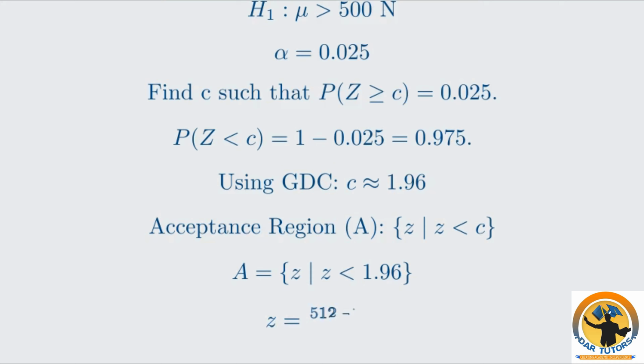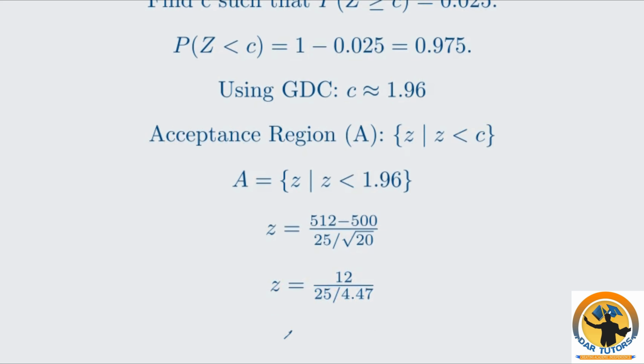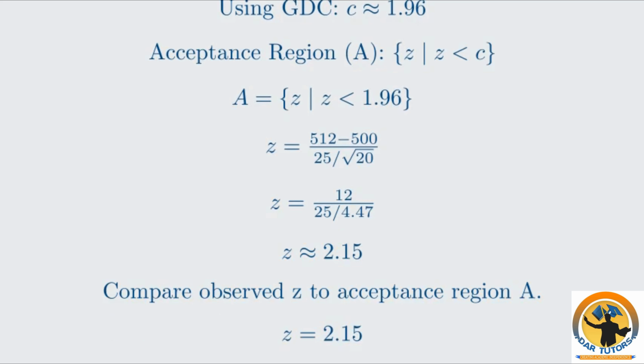Now let's calculate our observed test statistic for the sample. The sample mean is 512, the hypothesized mean is 500, the standard deviation is 25, and the sample size is 20. This gives us a z-value of approximately 2.15. We check if our observed z-value falls into the acceptance region.